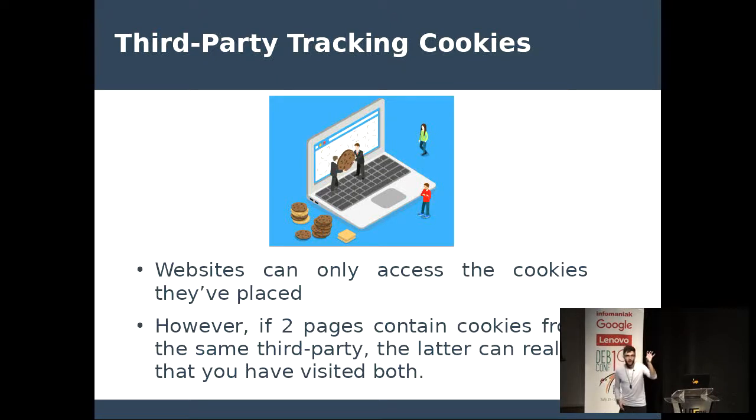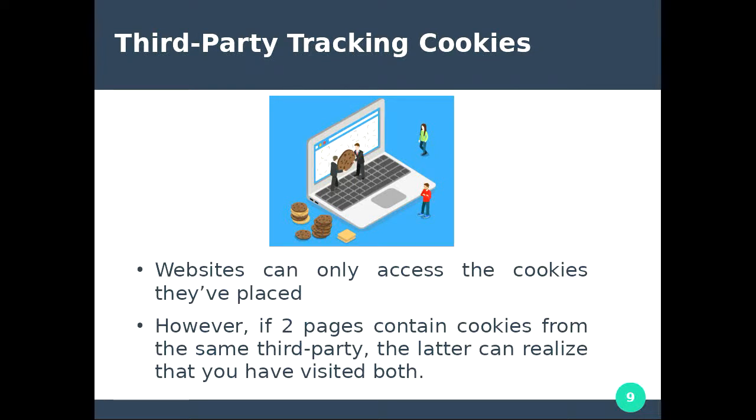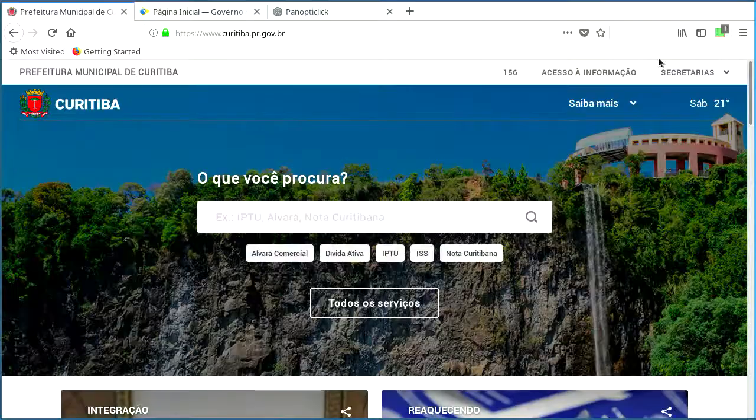So if you visit a web page and then a third party puts a cookie on your system through this web page, and then you visit another web page, and then the same third party puts another cookie on your system through this other web page, then this third party can see these two cookies because they belong to them, and so it has information about you from these two websites, and it can use it to make targeted advertising to you.